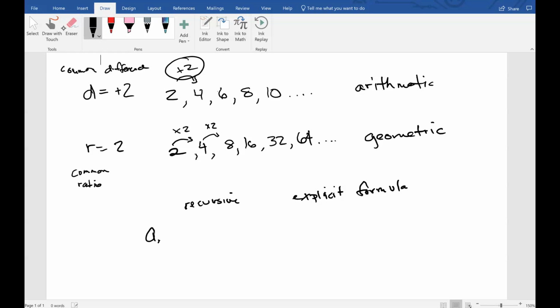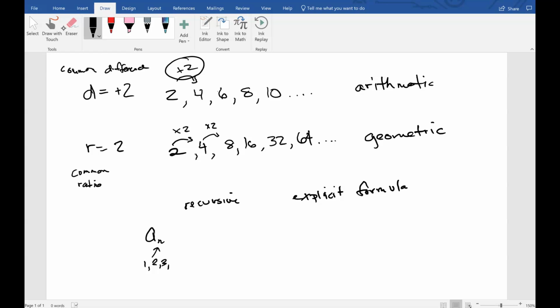It starts with a sub n. Now, a represents a position, and n is the position number. So n is a variable, it changes. n can be any whole number or counting number.